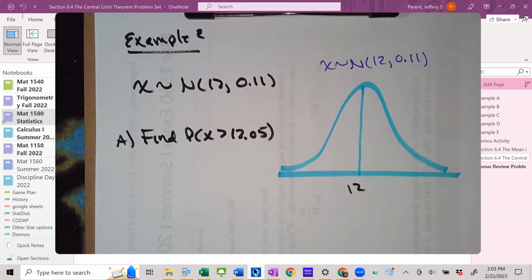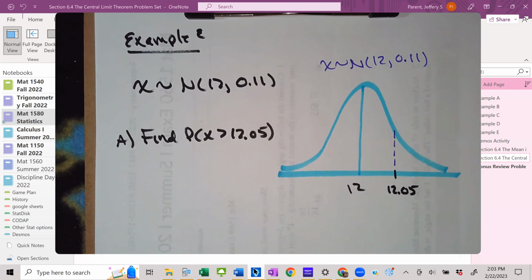Well, it helps to draw these things. So where should I put 12.05 on this number line? To the right of 12 or to the left of 12? To the right. To the right, so 12.05, good. And so here's my line for 12.05.